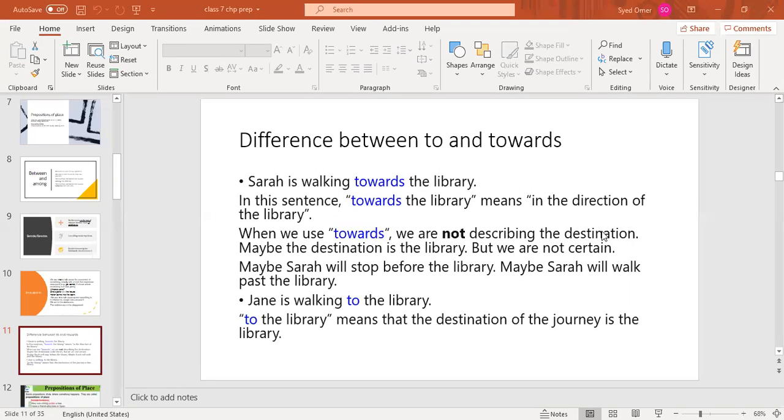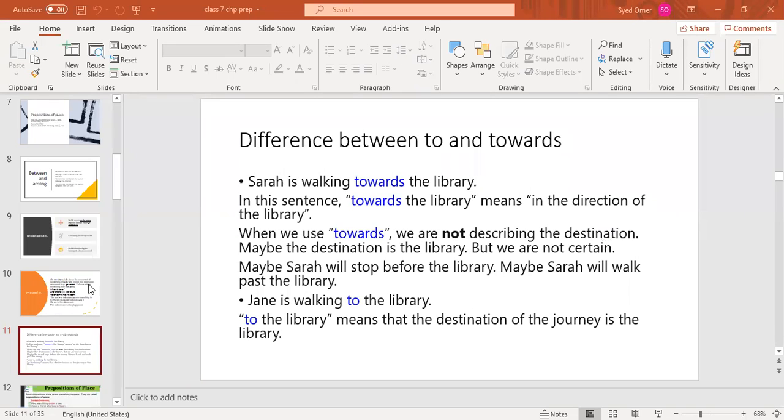If you say, I am walking towards the school, you are going in the direction of the school, but you may stop before the school. But if I say I am going to the school, your destination is final. You're definitely going to the school.